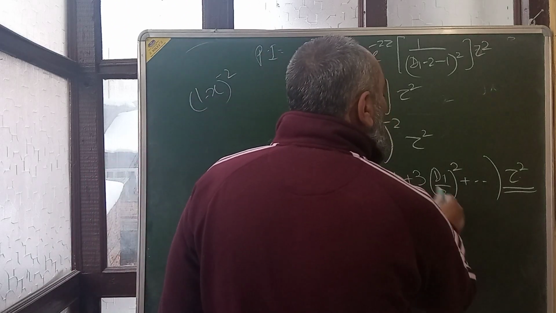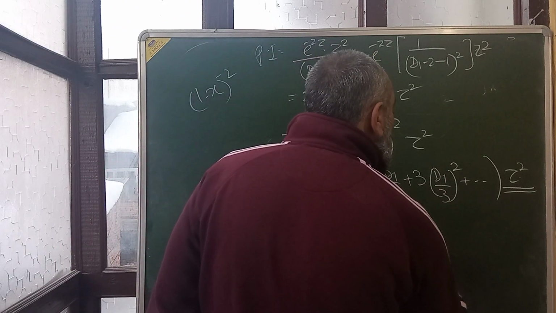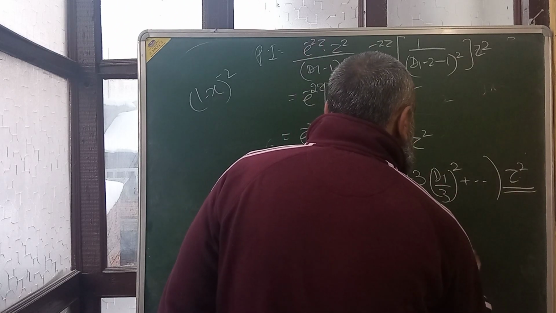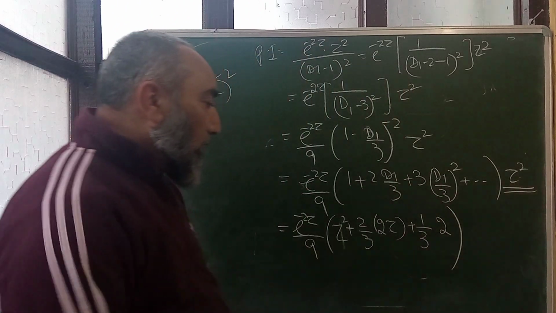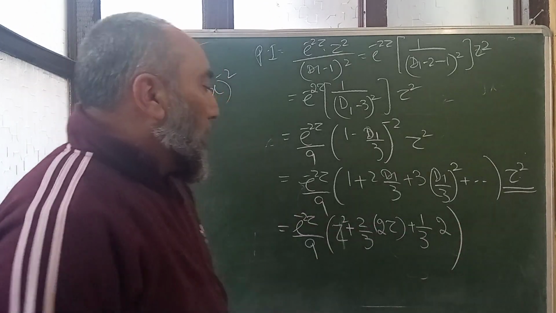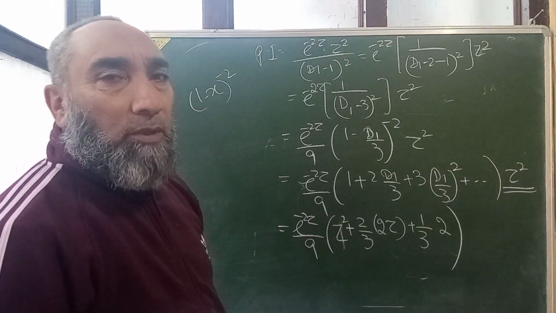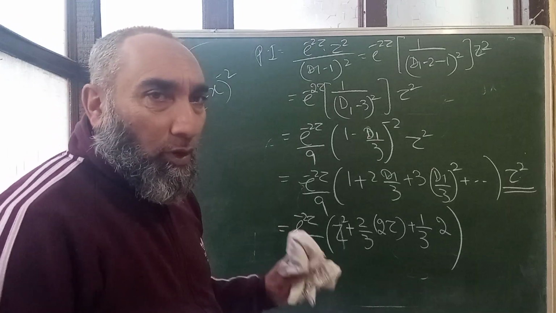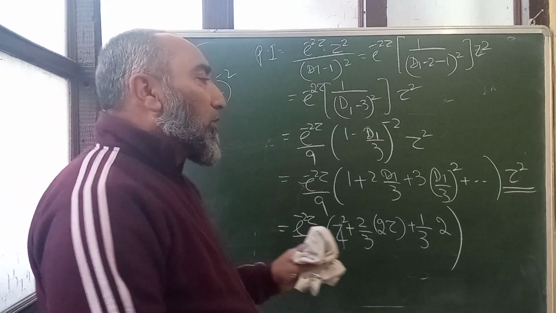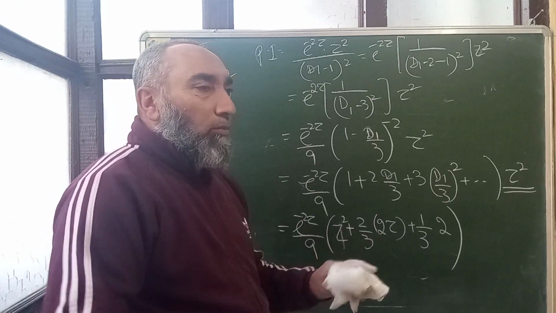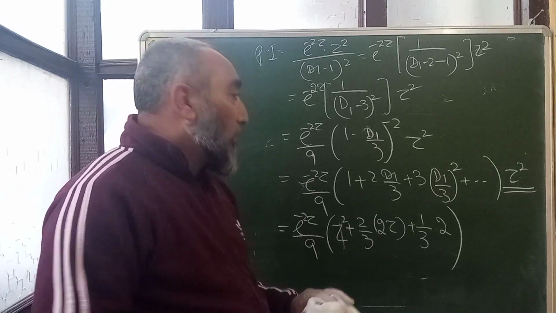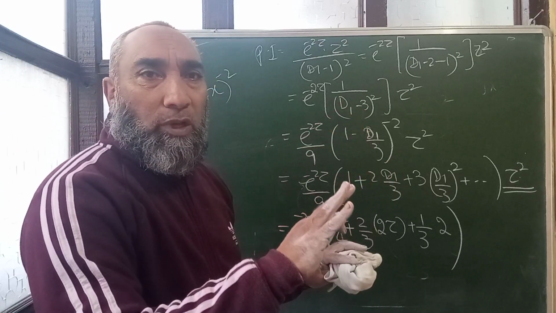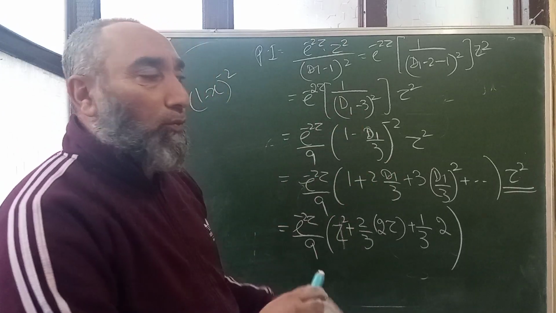Then 3/3², so it is 1/3 only, D₁²: first derivative is 2z, second derivative is 2, and the rest goes. This is it. You can simplify it and transform it in terms of x. I hope you understand this. I am just hurrying, so there may be some mistakes here and there, but the method is okay. This is the method you have to follow.